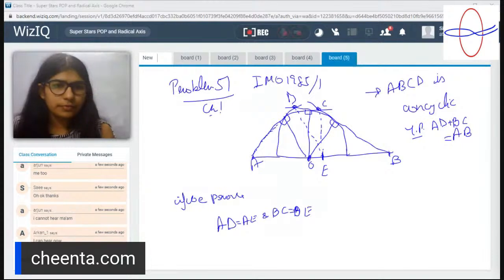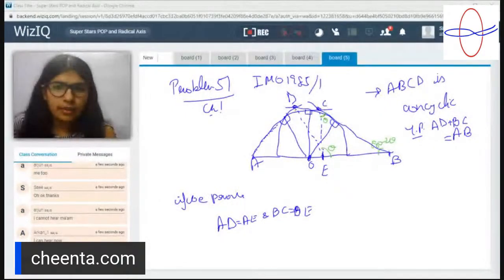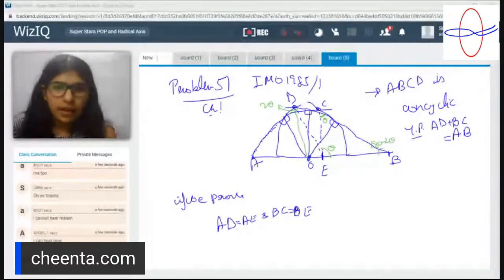So let's see. If you have BC equals BE, then this is theta, this is theta, this is 180 minus 2 theta, right? Angle B will become 2 theta, and what will happen to ODC? It will be theta, right?